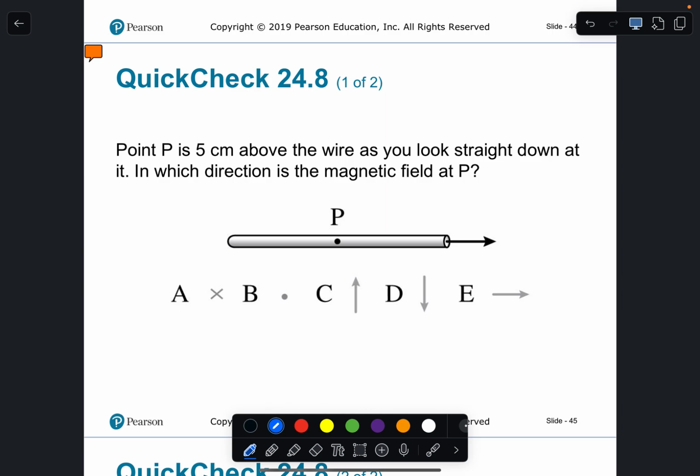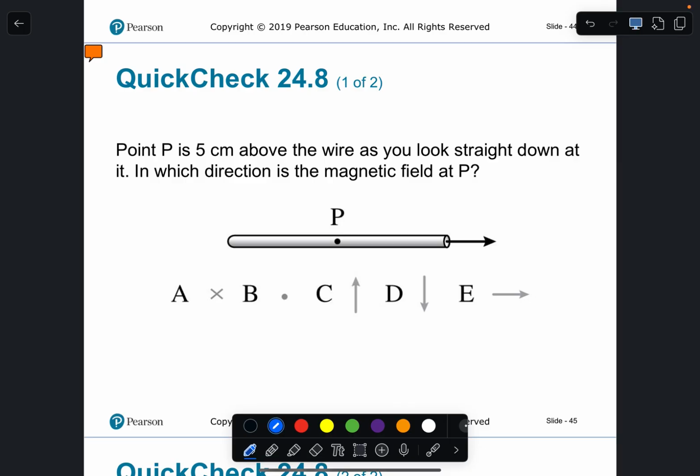So while my fingers are creating a circle, out of the page at the top and into the page at the bottom, I need my fingers to pause at P and create the tangent, right? So that's going to be down. If my thumb is in the current direction and I'm circling, right now I'm behind the wire. Now I'm in front of the wire. My fingers are pointing down. You see that?